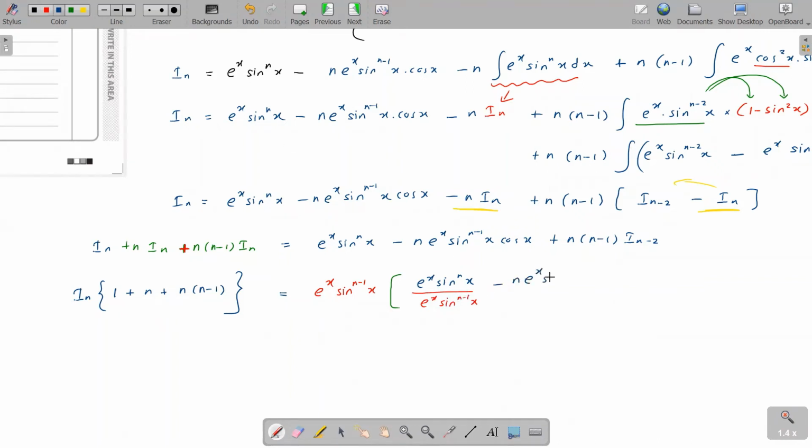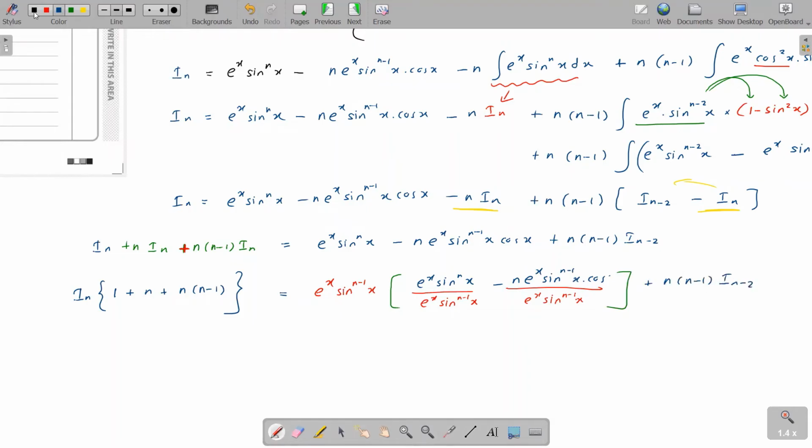Minus n e^x sin^(n-1) x cos x. So from this term also you are taking e^x sin^(n-1) x out. Here you can see e^x and sin^(n-1) x come out very easily, but in the other one you have to think a little bit and take it. Then you get here plus n times (n minus 1) I_(n-2).